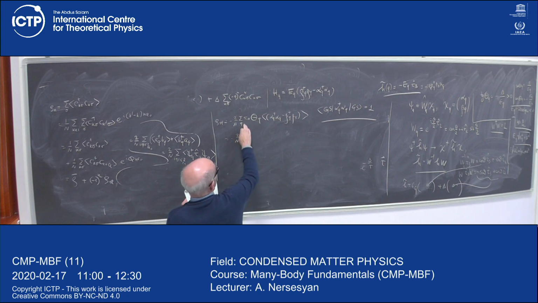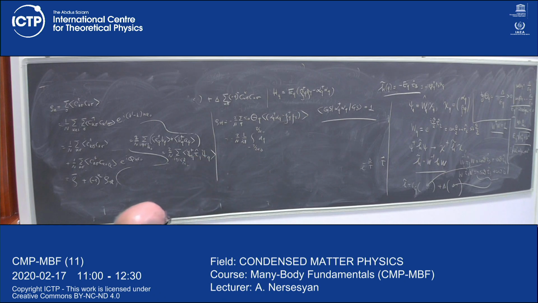It's good. Now you want to transform this sum. This will give you the length of the system divided by 2 pi, the integral from minus pi divided by 2a naught to pi divided by 2a naught, dq, and the sine of q.